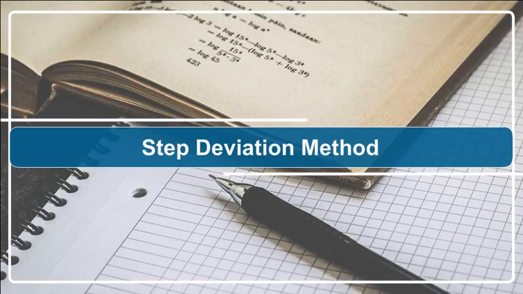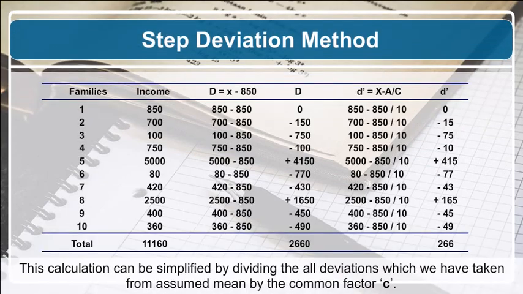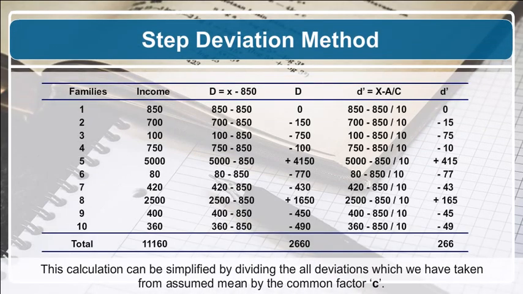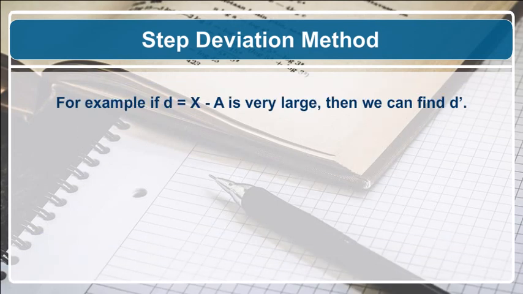Step deviation method. This calculation can be simplified by dividing all the deviations taken from the assumed mean by the common factor c. For example, if d equals x minus A is very large, then we can find d dash.